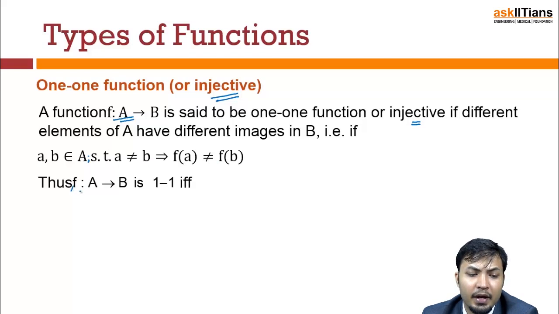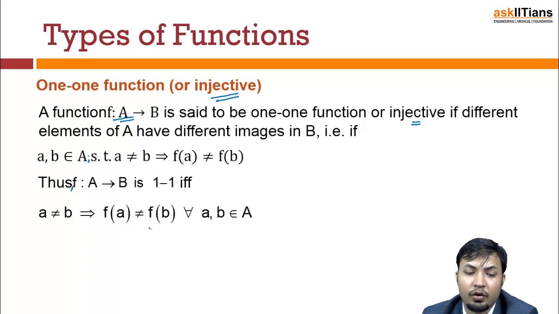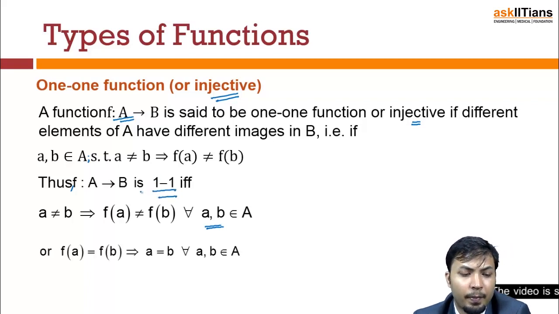Thus, my f from A to B is one-one if and only if a is not equal to b implies f(a) is not equal to f(b), where a and b belong to A. Okay, so this is my one-one or injective function.